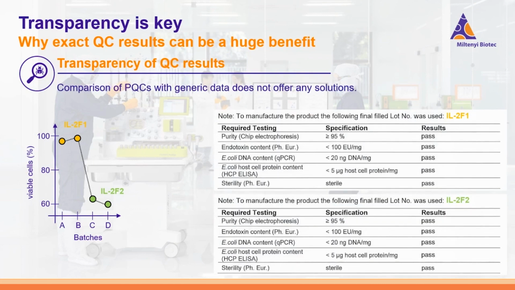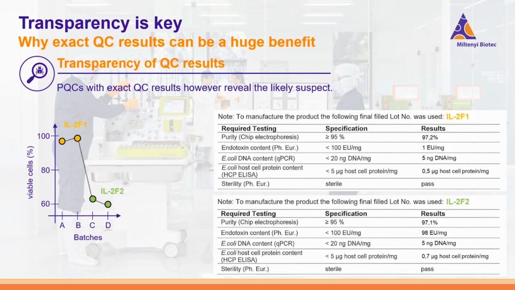And if you have a look at the certificates of analysis or the QC, they actually don't really offer any solutions, right? It's all the same. Specifications are all fulfilled. Actually, it looks good at first glance. But if you would have exact QC results, that would reveal the suspect immediately.